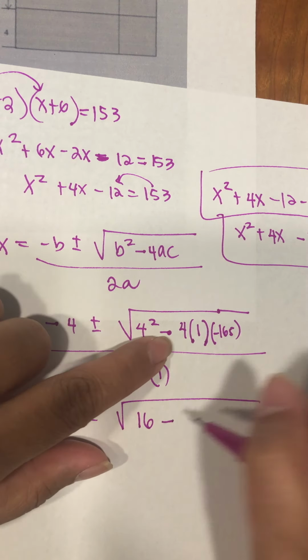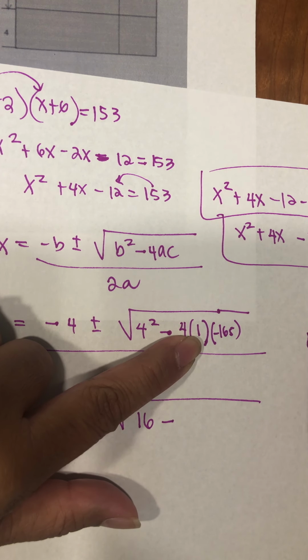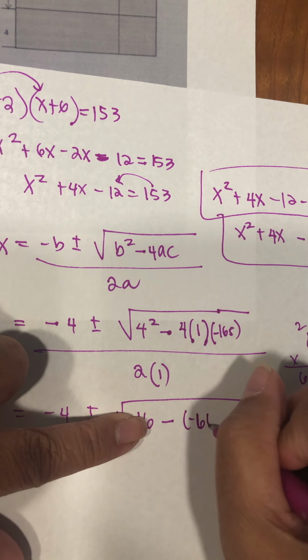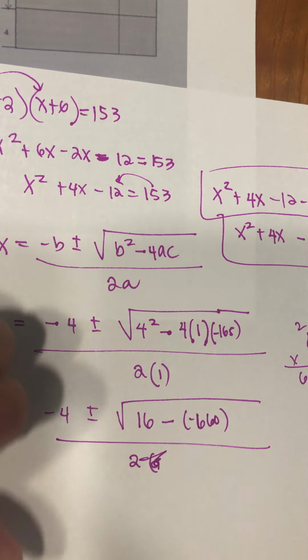This is minus 4 times 1 is 4. 165 times 4. 24, 25, 26, carry 2, 6, 660. Minus negative 660. All over 2, all over 2, okay?